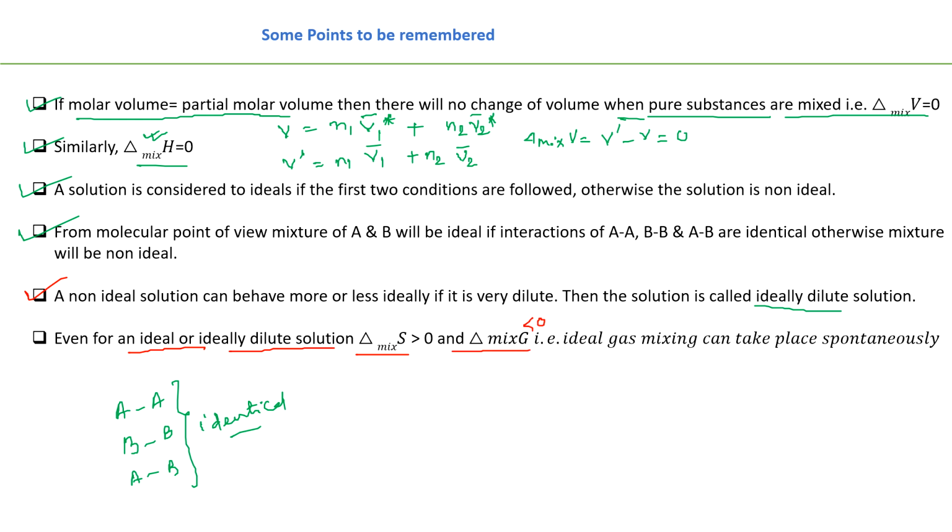That is, ideal mixing can take place spontaneously. We will derive these two, that is delta mix S greater than 0 and delta mix G less than 0, in the later classes. So for the time being, we should know the last point.